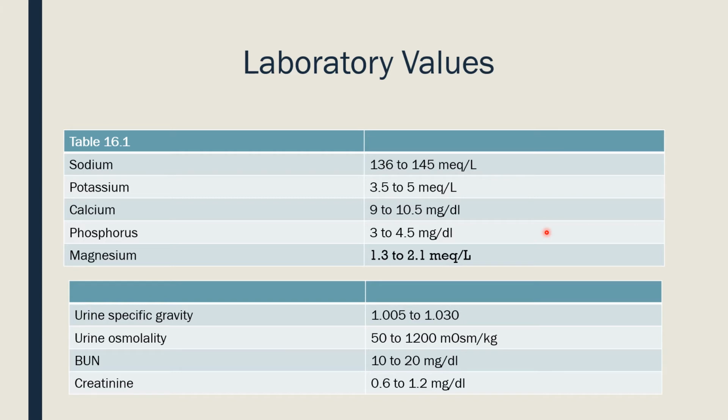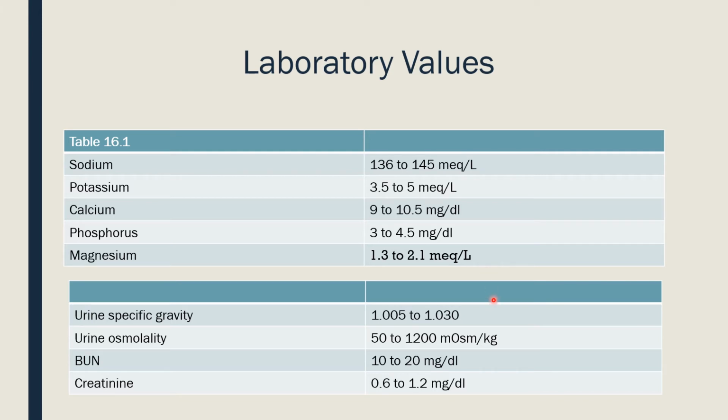You have to know the normal values. For example, for sodium, it's 136 to 145. In other textbooks, it's 135 to 145. And again, please memorize all of this. You have to know it because this will give you a heads up if your patient has an electrolyte imbalance that you need to address.